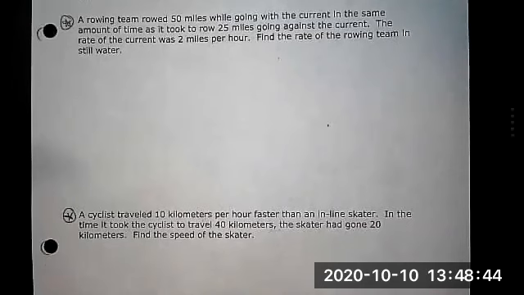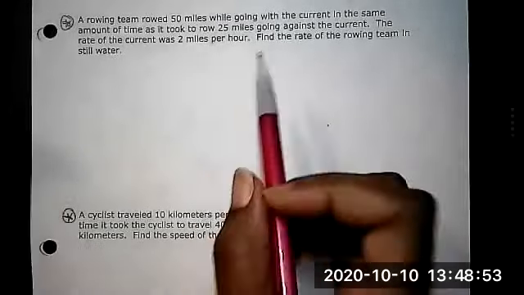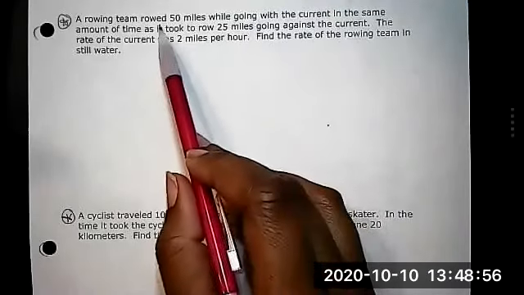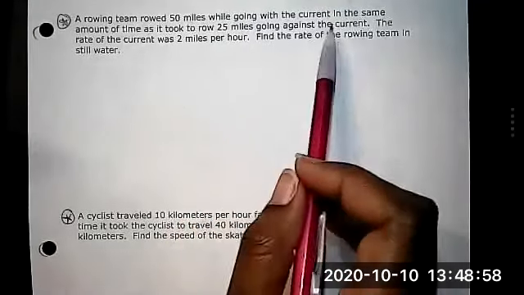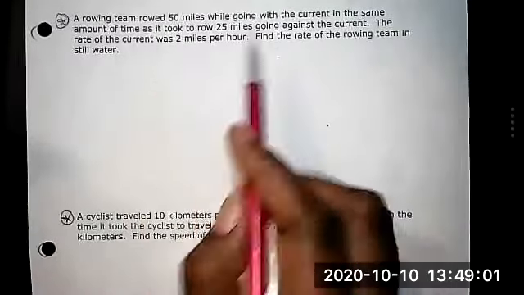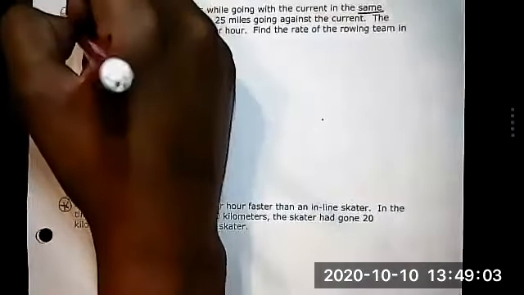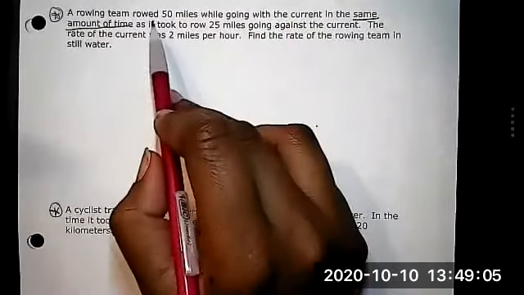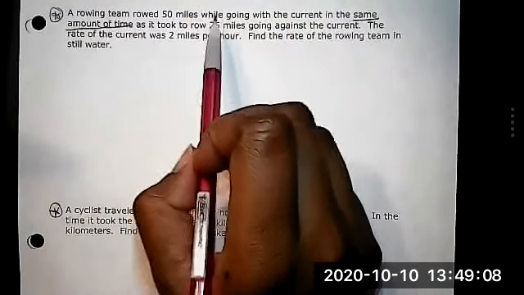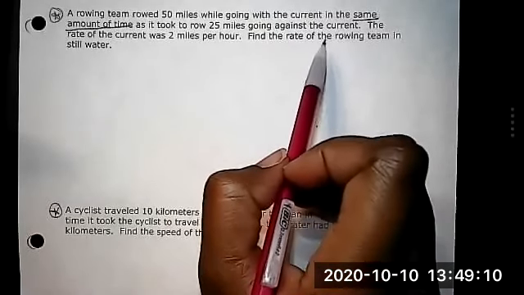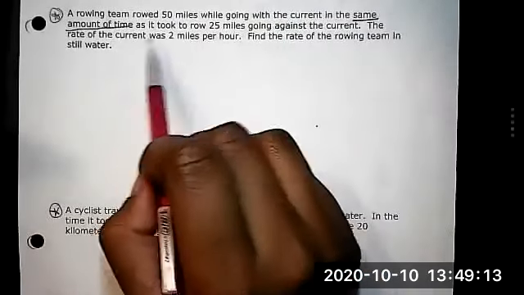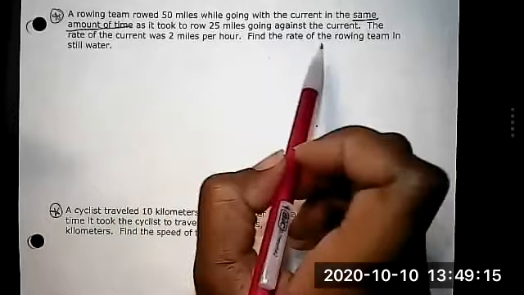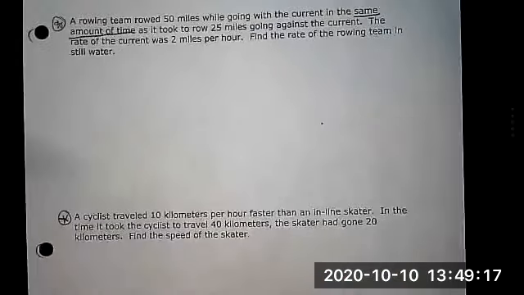A rowing team rowed 50 miles going with the current in the same amount of time as it took to row 25 miles going against the current. The rate of the current was 2 miles per hour. Find the rate of the rowing team in still water.